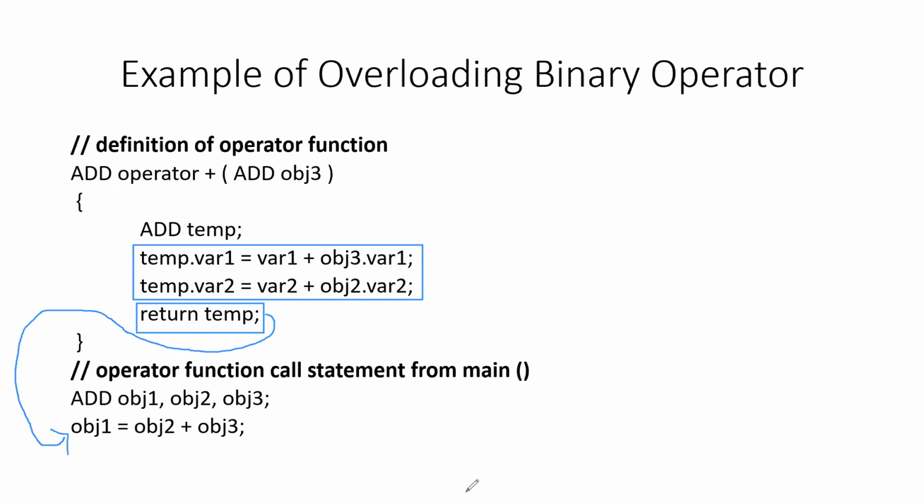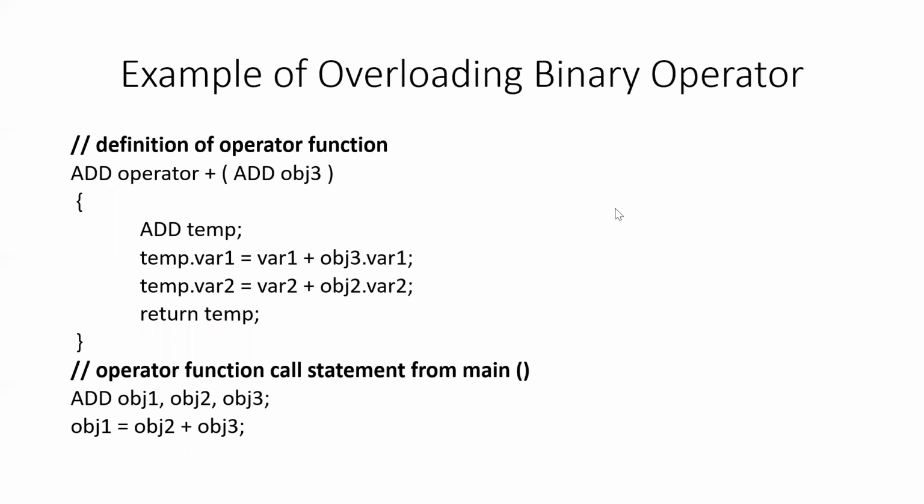I hope this explanation was clear to you: how we can overload a binary operator, how we call it, how we pass the arguments, how the actual argument is stored into the formal argument, and how the value is returned back. So this is how we can overload the binary operator.